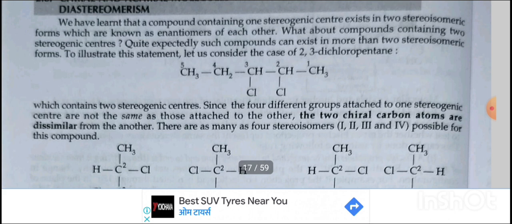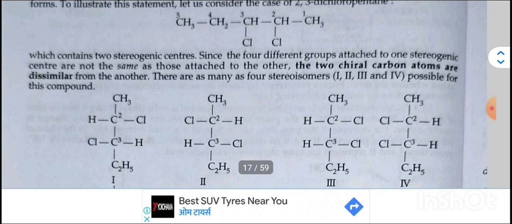To illustrate this statement, let us consider the case of 2,3-dichloropentane, which contains two stereogenic centers. Since the four different groups attached to one stereogenic center are not the same as those attached to the other, the two chiral atoms are dissimilar. As many as four stereoisomers are possible for this compound.